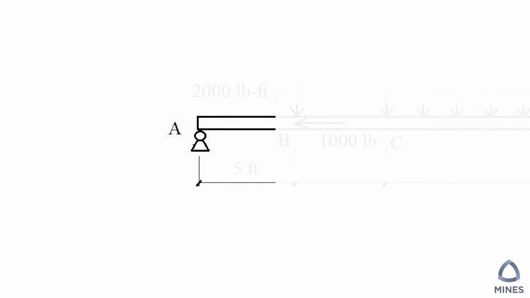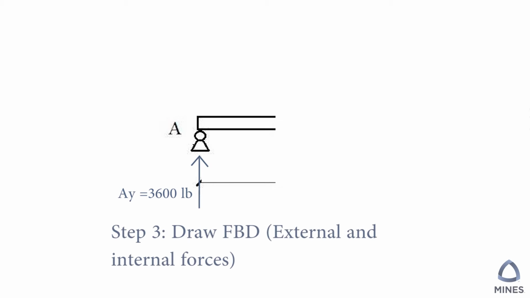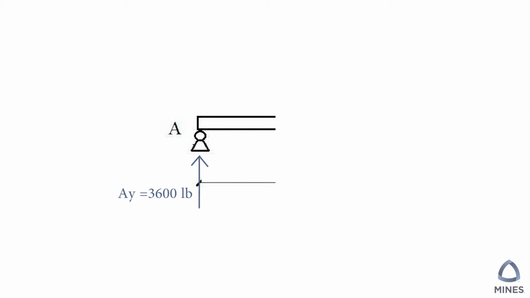You can see we have a reaction force. Anything else? If there's no other external force, the next thing is to draw the internal force. We are going to have a shear force.